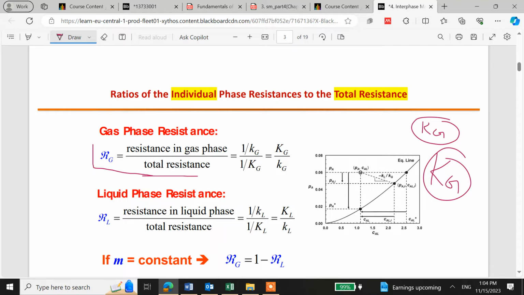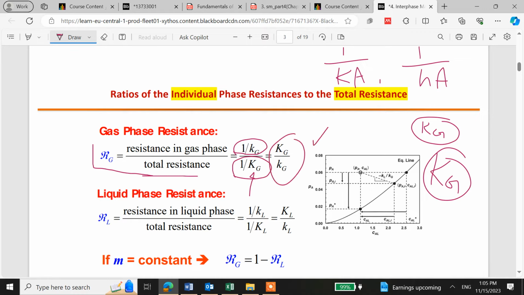For example, conduction resistance is 1 over kA and convection resistance is 1 over hA. So the inverse of the mass transfer coefficient is mass transfer resistance. Resistance in the gas phase is 1 over kg, and the total is 1 over capital KG, so you can find the percentage resistance. This could be given, and you have to find one of them.